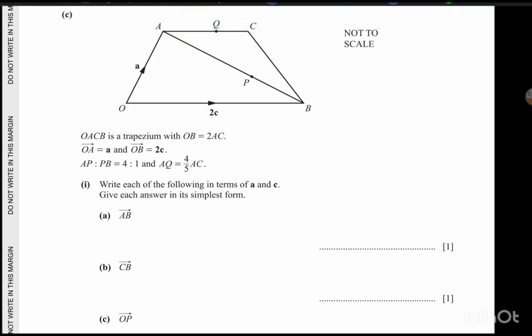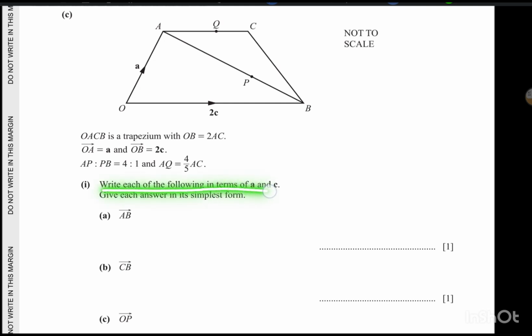We can make it out that way. Then vector OA is a and OB is 2c. AP to PB is 4 to 1. AQ will be 4/5 of AC.